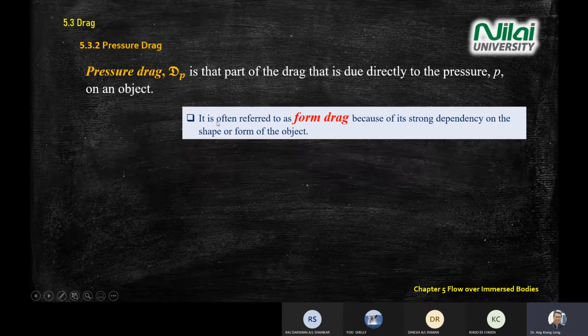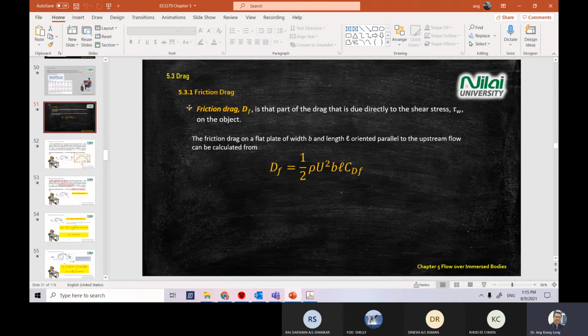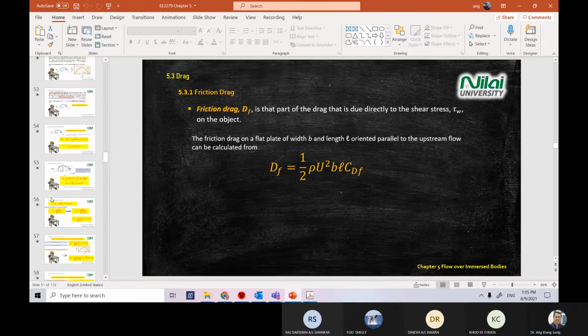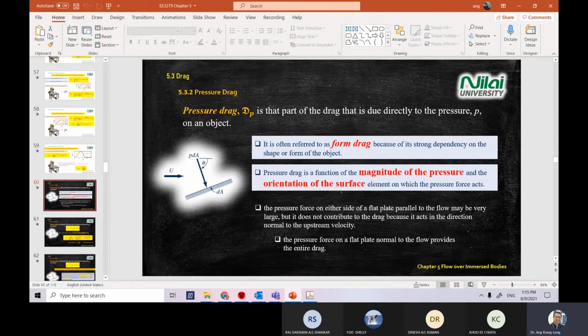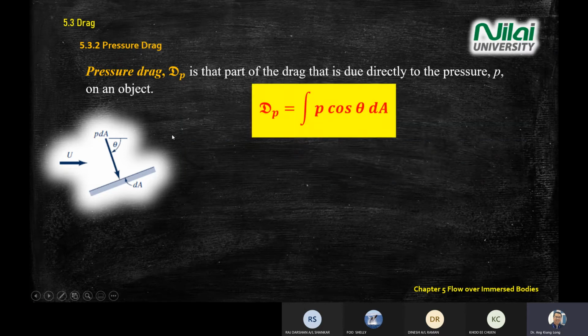Just now the friction drag is due to shear stress. However, when it comes to pressure drag, it is pressure and pressure links up with the shape. So it's also called form drag. And there's a derivation step to get the pressure drag.